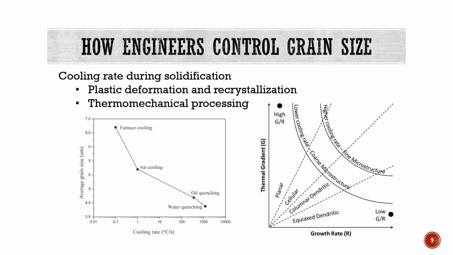Plastic deformation followed by recrystallization further refines grain size. During recrystallization, new, small, and strain-free grains replace the deformed structure. This is why grain size is not luck. It is a design choice achieved through thermomechanical processing.